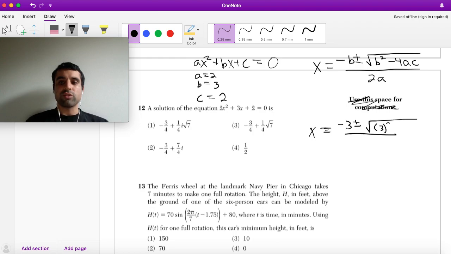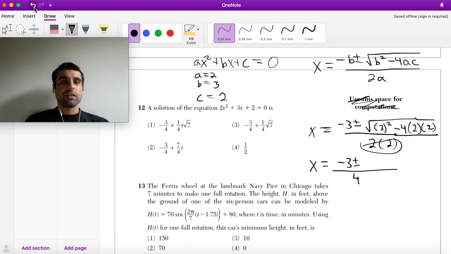We get 3 squared minus 4 times a, which is 2, times c, which is also 2. Then on the bottom we do 2 times a, which is 2. And when I simplify, what I'm going to get is negative 3 plus and minus. And on the bottom I get 4 when I multiply the 2 times 2, right?